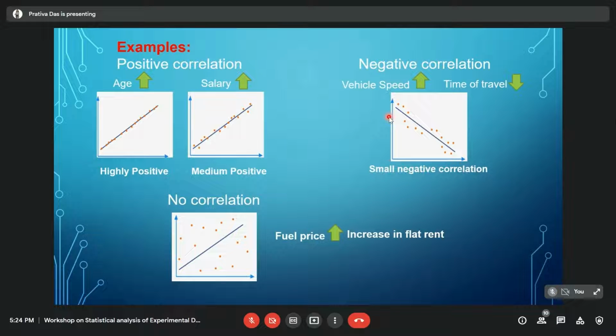From this graph, you can say there is less correlation, so a small negative correlation. Or there is a situation where there could be no correlation. That means even if the fuel prices increase, there is no increase, a flat trend. If someone tries to check the correlation using the Pearson correlation test, they may end up in this kind of situation where they do not find any correlation.